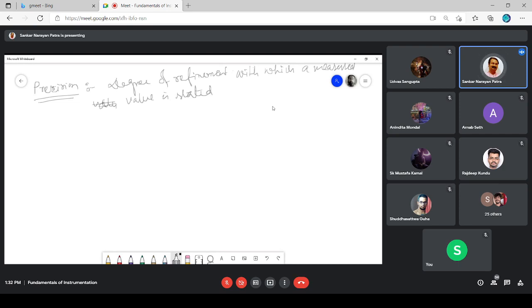If the readings were centering at 97, not at all at 100, I mean every time the system is saying 97, 96.8, 98.8, 97.3, so it might be centering at nearly 97. The accuracy is poor, at the same time the precision is poor. It's not at all good.